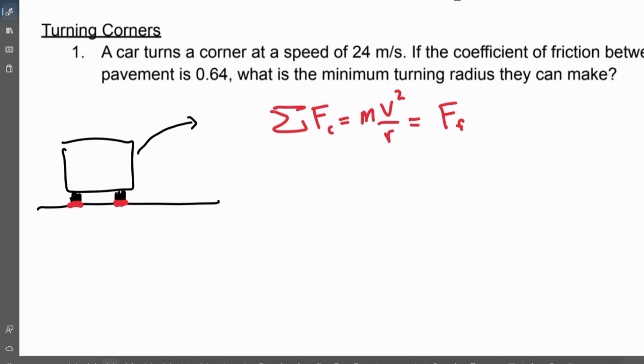If we draw a free body diagram, we've got gravity and normal force, and then friction pushing us toward the right if we're making a right-hand corner.